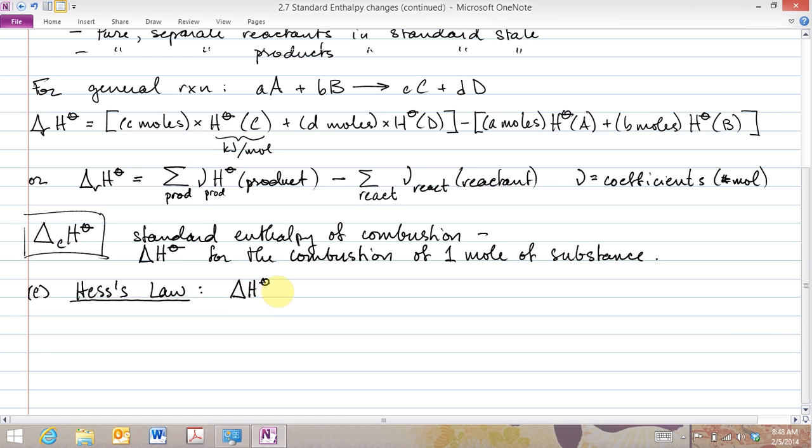Hess's law is that the standard enthalpy change for an overall reaction is equal to the sum of standard enthalpies of the individual reactions.